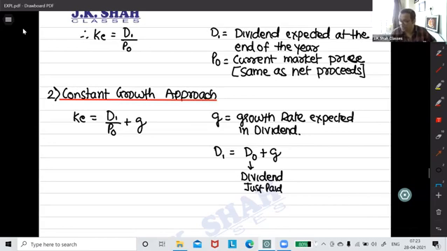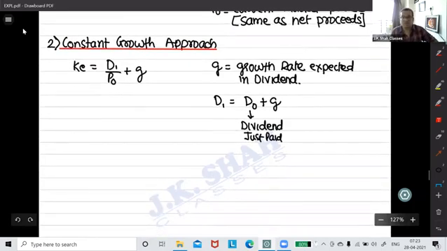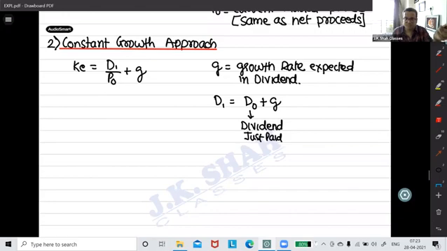Okay, fine. Now how to approach this growth rate? Now we are talking about adding some growth. Earlier formula was D1 upon P0, no growth, right? Now we want a growth to come into it. So how to go with this growth rate?